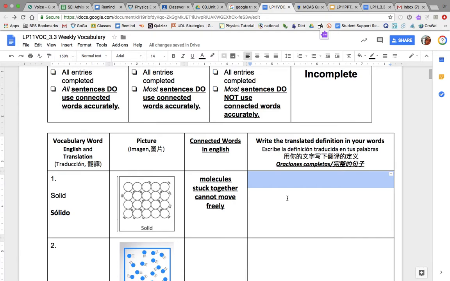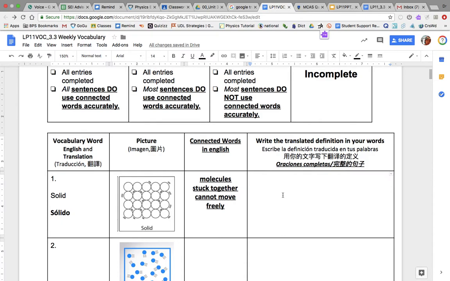And what I want to do now is create, in this space, my own definition in my words using the vocabulary word and the connecting words. I don't want to copy the definition. I want to create my own definition so I know that I understand it.